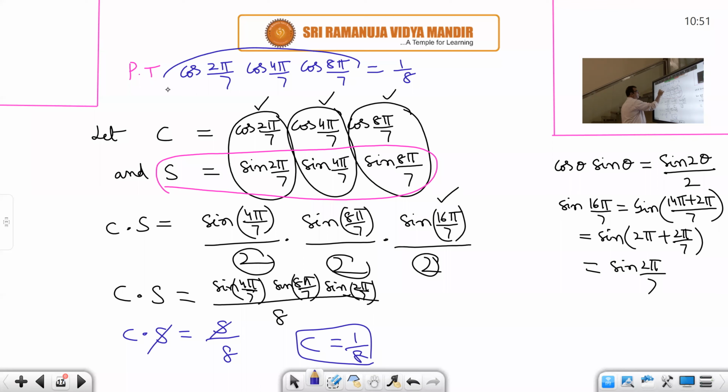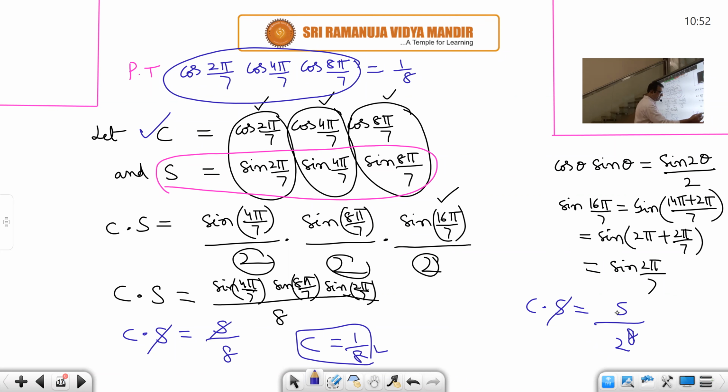See, this expression we have taken as C initially, and finally we have shown that C must be equal to 1 by 8. This is called the CS method. Here only 3 factors are there: cos 2 pi by 7, cos 4 pi by 7, cos 8 pi by 7. Sometimes 6 factors, 7 factors will be there. Let us take all that as C, then assume S, then multiply C and S. So you will get C into S equal to S by some 2 power 7 or 8 or something.